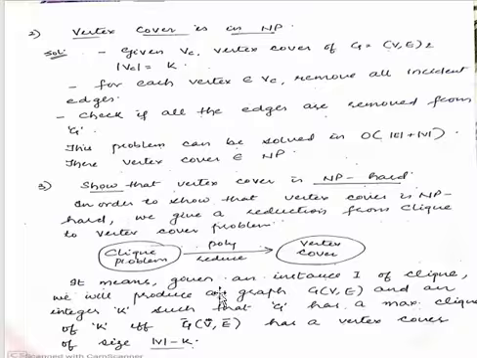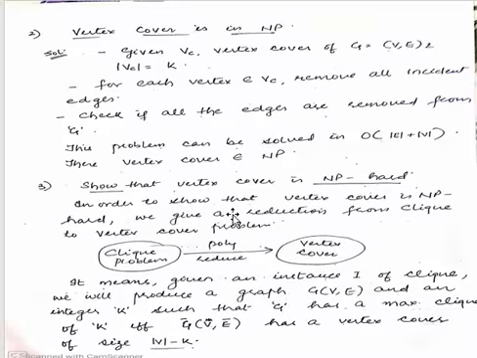Now that graph will be having a maximum clique of size K if and only if G dash, I will tell you what that is, G dash is the complement of this graph G, if and only if the graph G dash has a vertex cover of size number of vertices minus clique size. That means if G dash is having a vertex cover of this size, then only your input graph will be having a clique of size K. Otherwise, it is not possible.